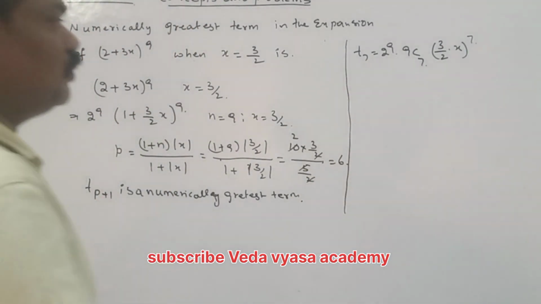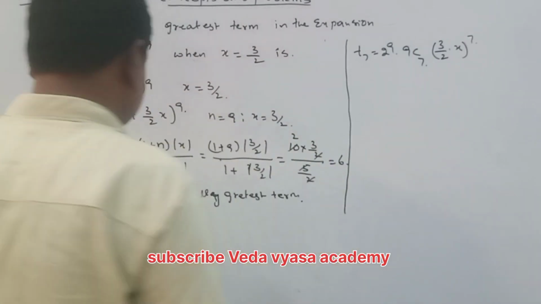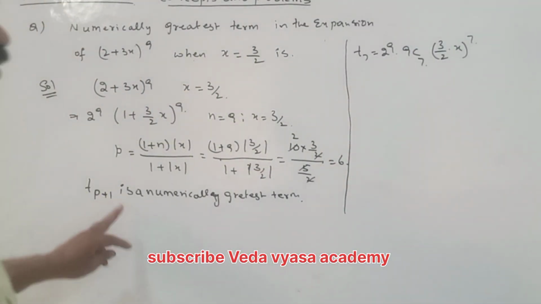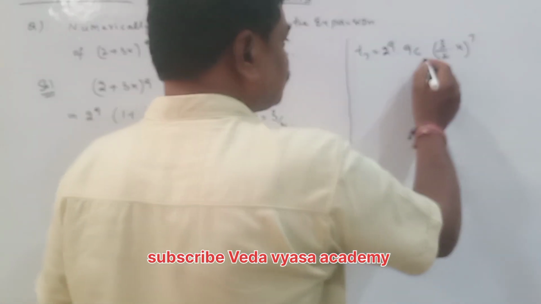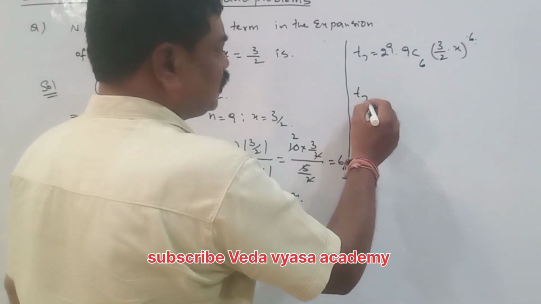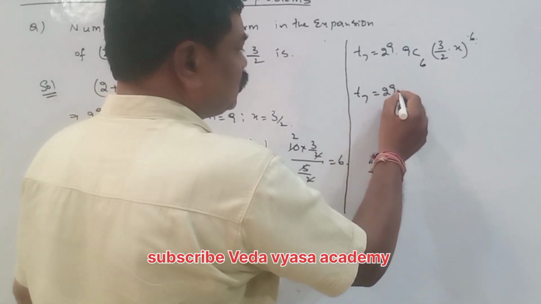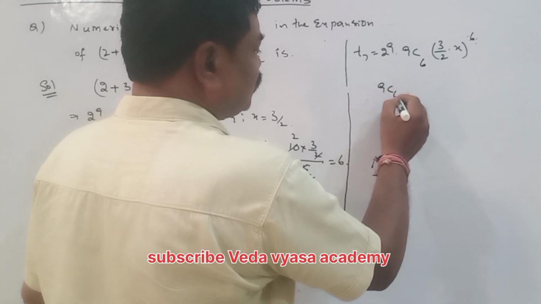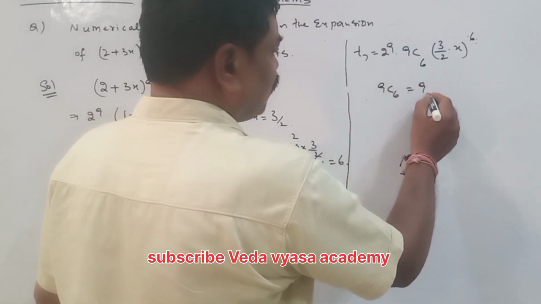Wait, the seventh term means 6 power 6, so T7 is equal to 2 power 9 into 9C6, which is nothing but 9C3.